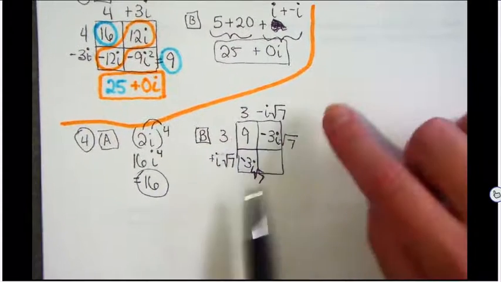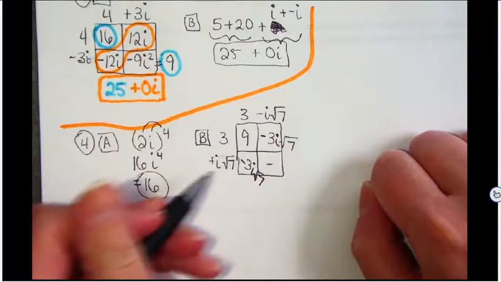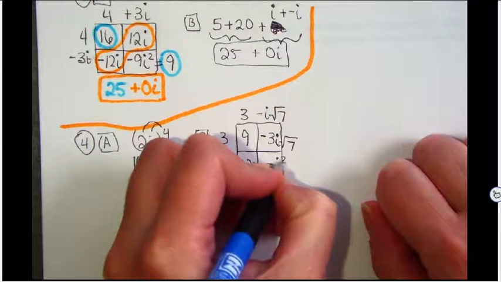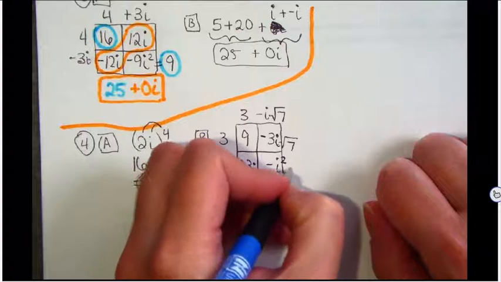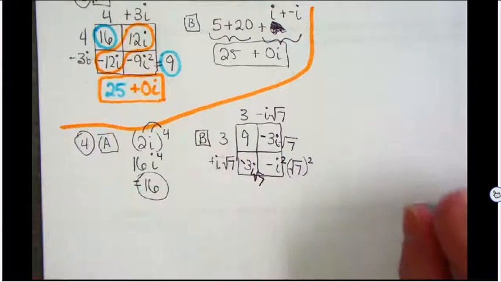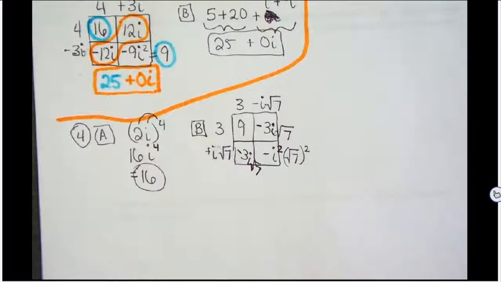And then in the last box, I have a positive times a negative, so it's going to be a negative. i times i squared, and square root 7 times square root 7. That is square root 7 times itself, so I'm going to make that squared. Now all kinds of things are about to cancel out here.